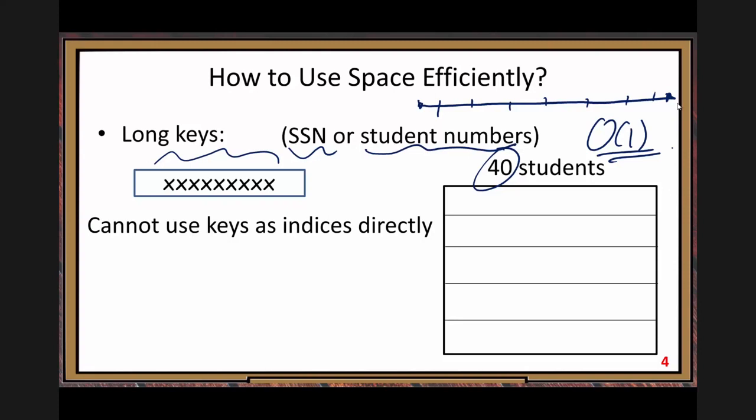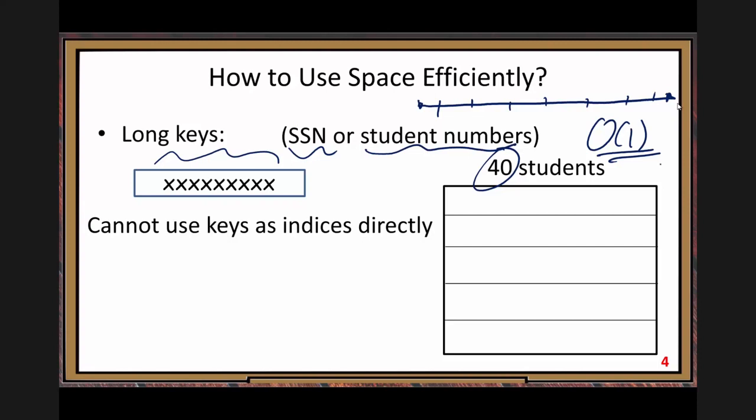But the bad part, long key management, that's the bad part. Can we improve it? Can we do some special work on the long keys so that we don't need a huge amount of memory?